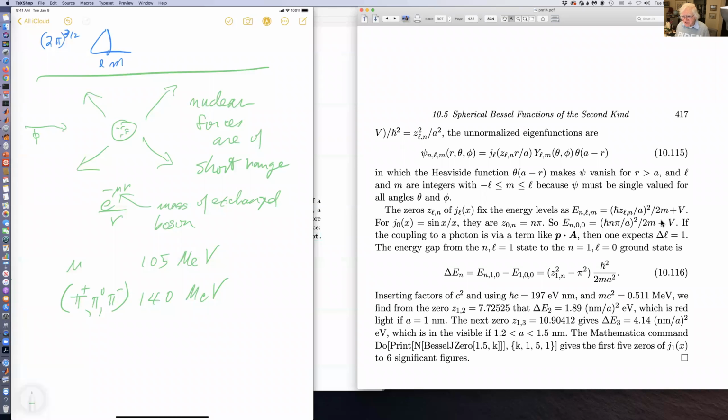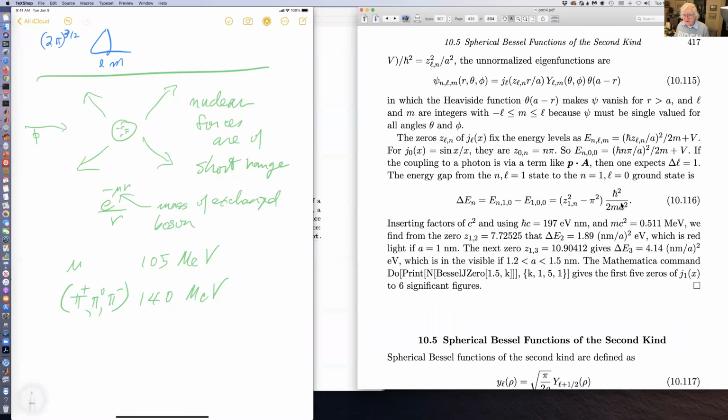And so these are the lowest eigenfunctions. If the coupling to photons looks like p dot A, then you expect delta L equal to 1. So the difference between the n equals 0 and the L equals 1 state is E_n10 minus E_100, and the n equals 1 state would have a z1.